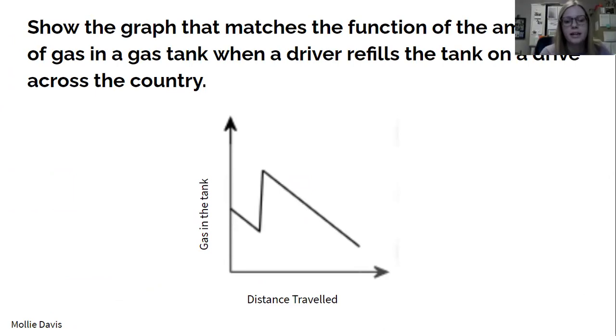At the start of the line, you can see that it slowly begins to decrease, and then at this point where it stops, that represents the driver stopping to get gas. That is why it does not move on the x-axis, but rather it moves straight up on the y. Then once he starts driving again, the gas is slowly running out of the tank, and that is why the slope is going downwards.